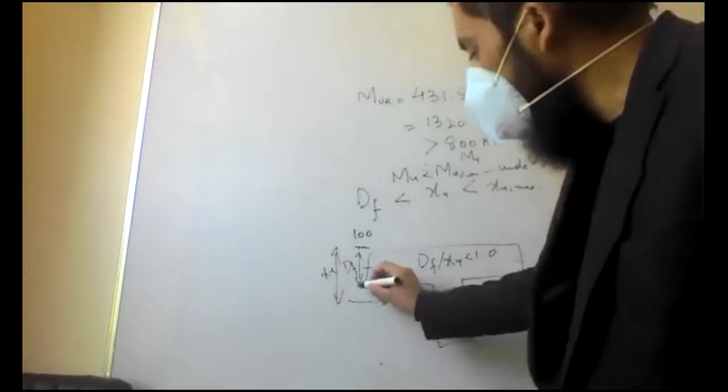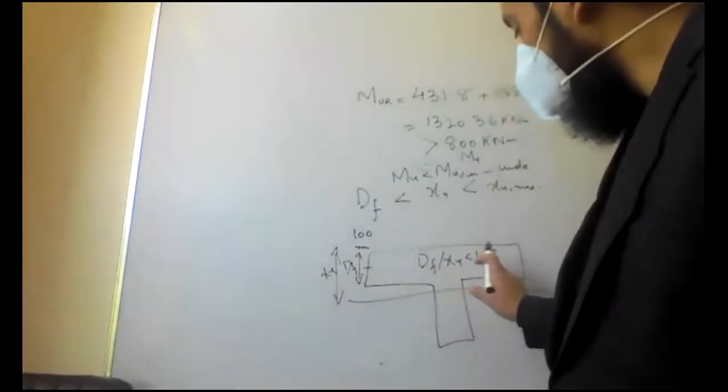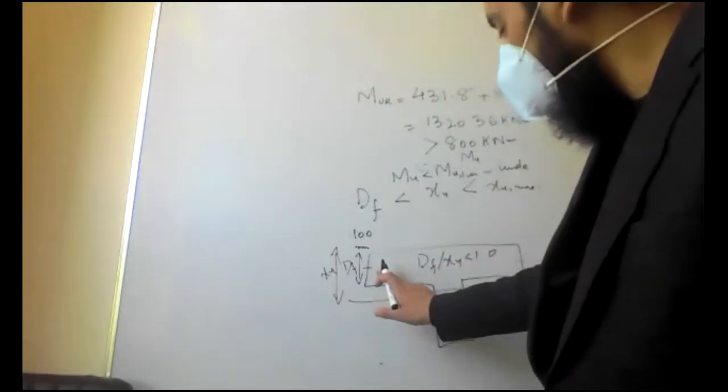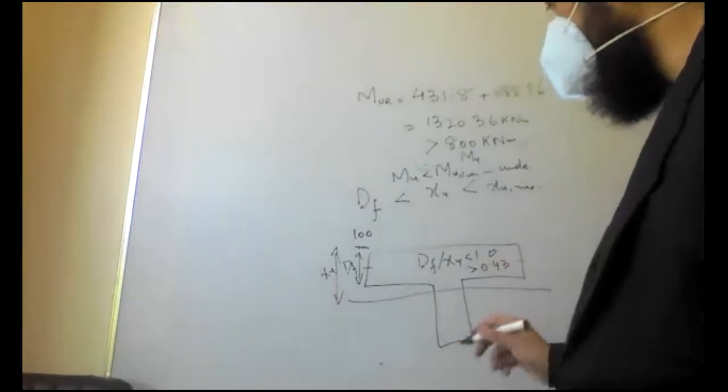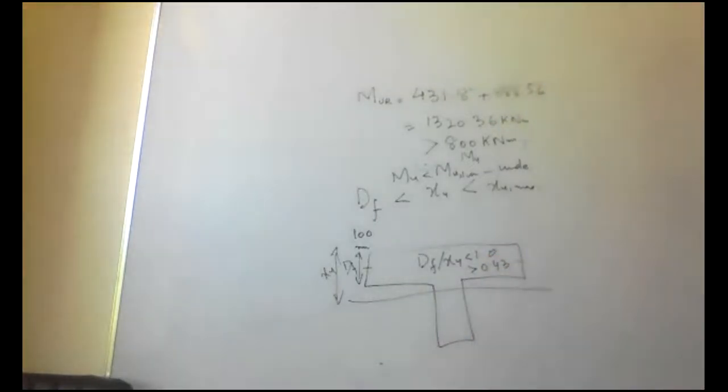So you will keep XU outside this. Your DA by XU will be less than 1, but greater than 0.43. So you can revise this question.